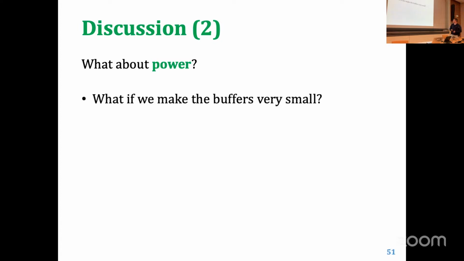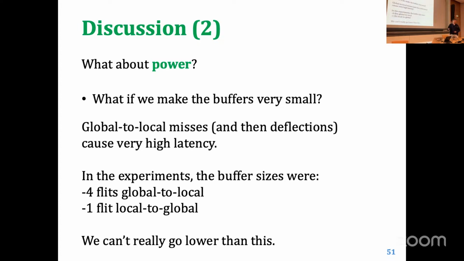Okay, and last thing, what if then we make the buffers very small? That's another thing that I thought, since they consume so much power. And I'll just give you the answer because it's very simple. They already did. They made them as small as possible.